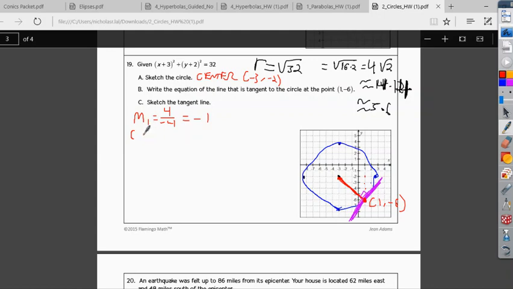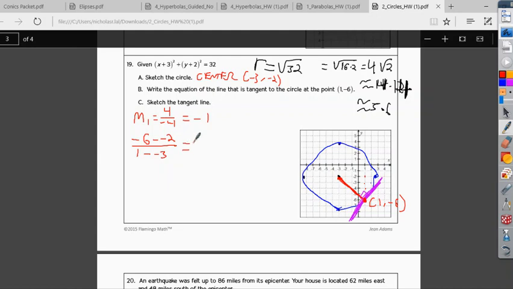So I can do point negative 6, so y2 minus y1, negative 6 minus negative 2 over x2 minus x1, negative 3.